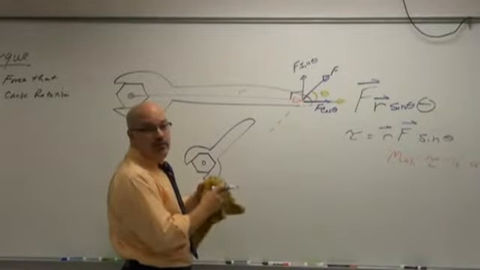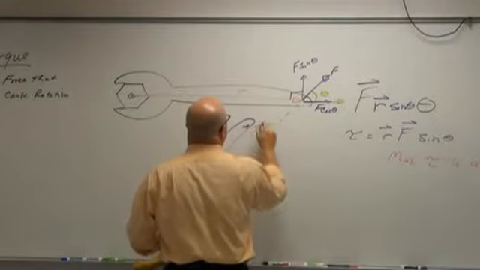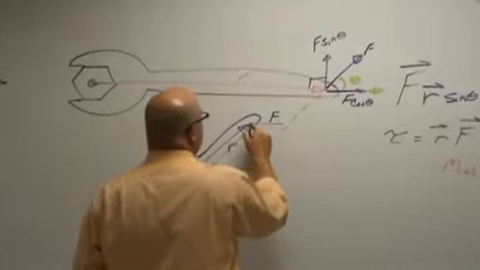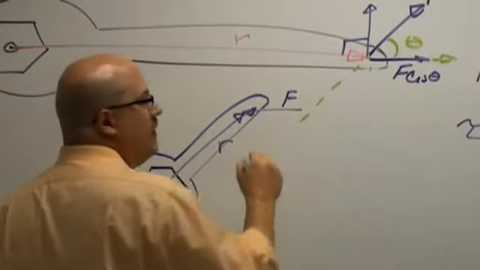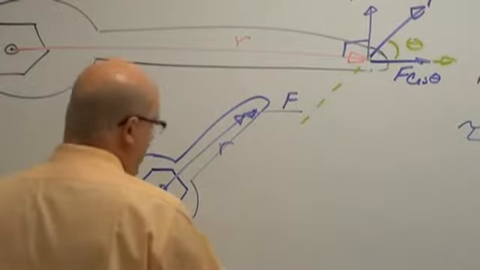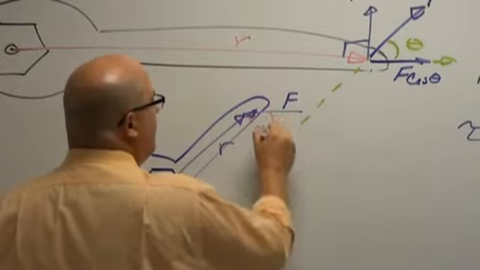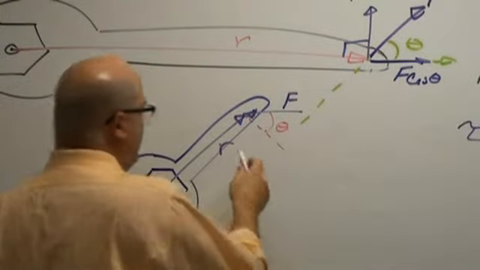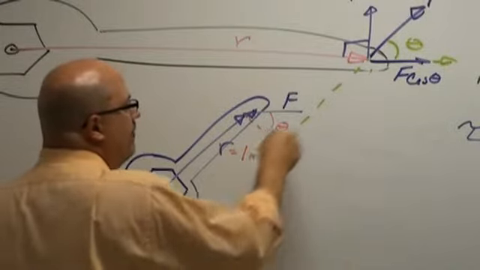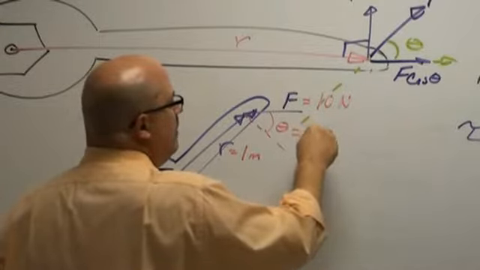Now, what if you apply a force this way, and your radius is this way? And let's say they give you this angle right here. Let's say our radius is 1 meter, our force is 10 newtons, and the angle is 30 degrees.